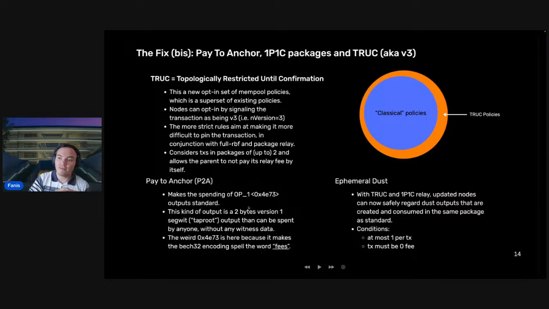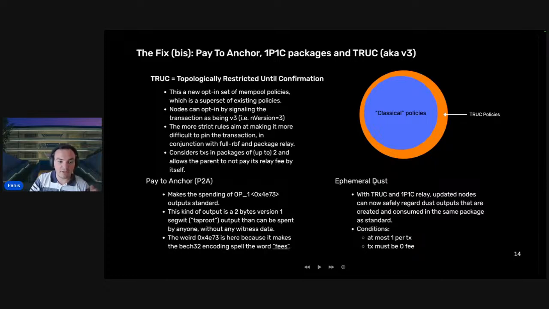Because before, this anyone-can-spend meant you just had to put an OP_TRUE on the witness. Now you don't put anything, so it's even smaller in size. It's literally 2 bytes.